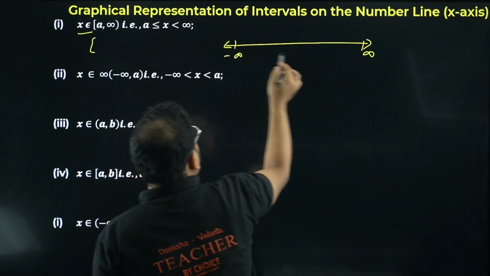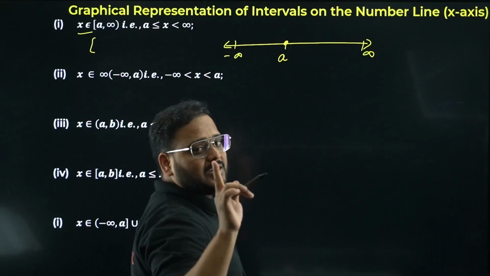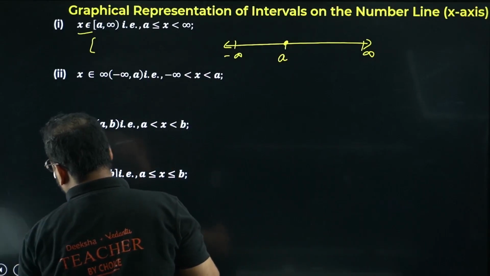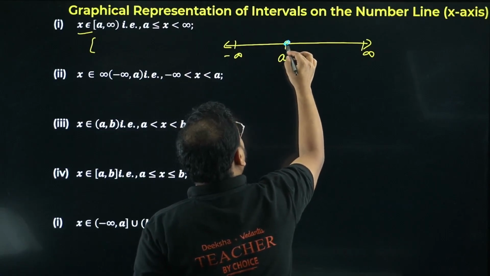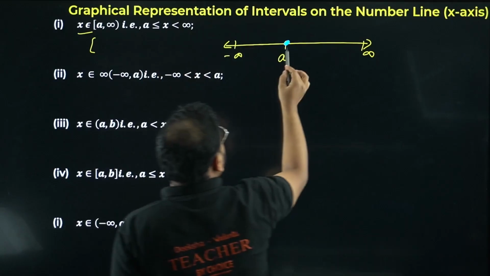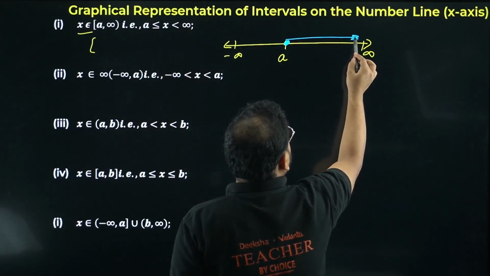Somewhere will be the number a. From a you put a closed dot, a full circle, and then the arrow goes from a to positive infinity.